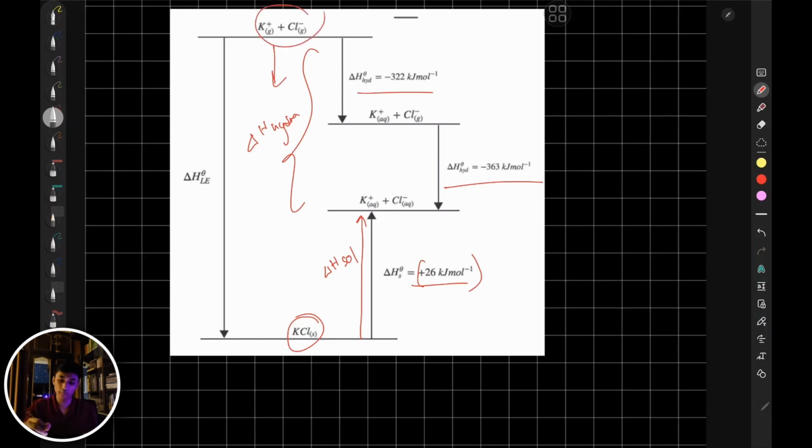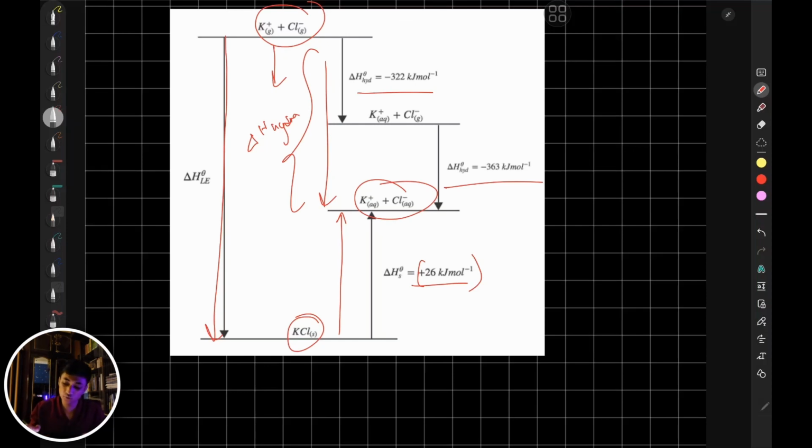So from the ionic gases, they do hydration and get to this solution. The other is where they directly dissolve the compound and get this solution. Now, what is this? This is the enthalpy change in forming the lattice structure.